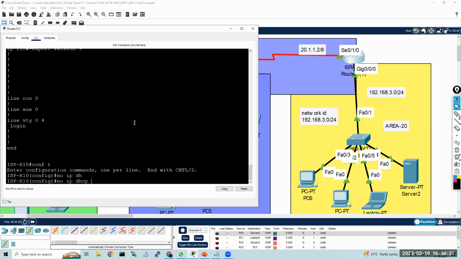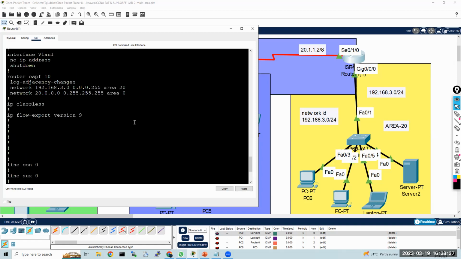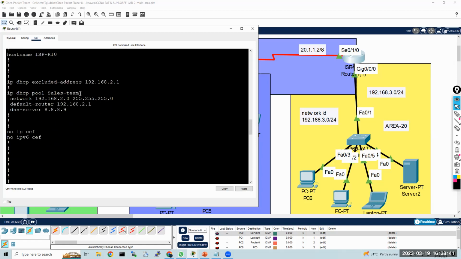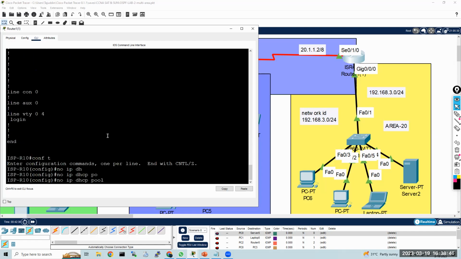So, no IP DSCP. What is the DSCP they have configured? Yeah, this one. Copy and paste. But mine is with DHCP. It works, sir. No problem with this, I think.